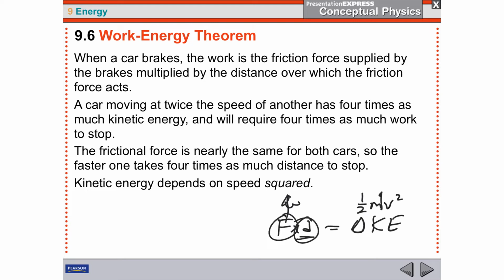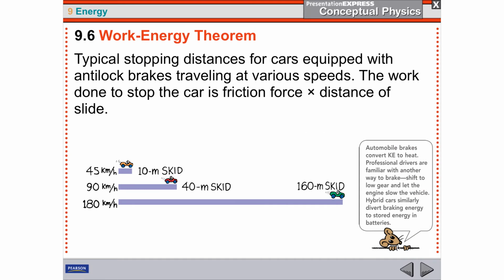Practically speaking, the faster you're going, the farther you will need to stop. Here's an example. If you're going 45 kilometers per hour, it's going to take 10 meters to stop if you lock your brakes, trying to stop by friction only.